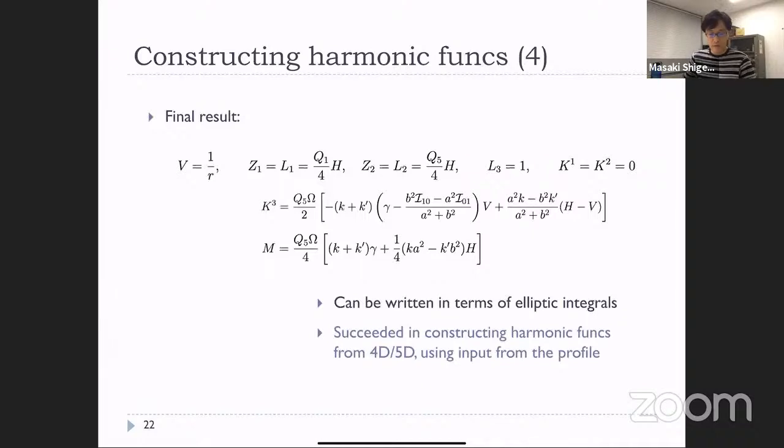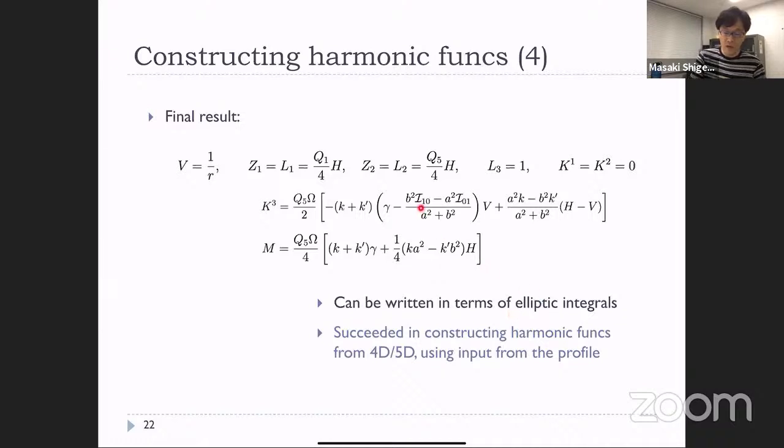Okay, so here is the final result. You have V, that's 1 over R, and L1 is this H thing. L2 is also this H. L3 is 1. K1, K2 are trivial, and K3 has this complicated form. You have this piece that I just added by hand, and you have to add some extra pieces to make this harmonic. And M is determined by the integrability condition. This can be written in terms of elliptic integrals.